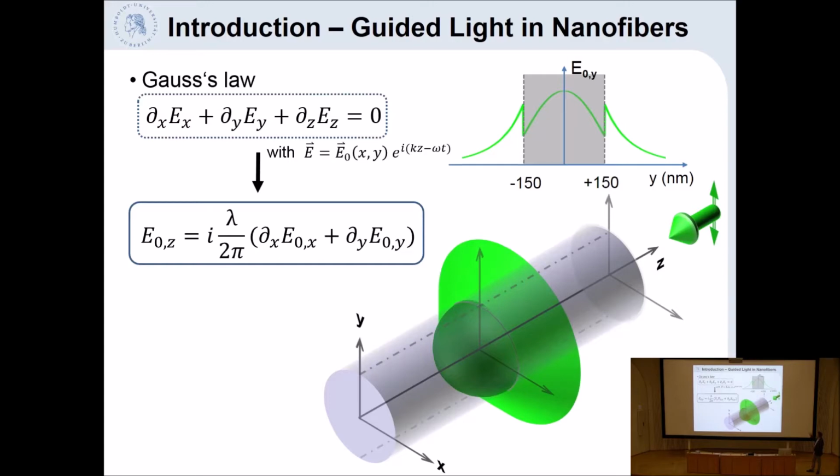when I send a paraxial light field, which is linearly polarized, into such a waveguide, we actually get longitudinal components, so a component of the field that oscillates along z.